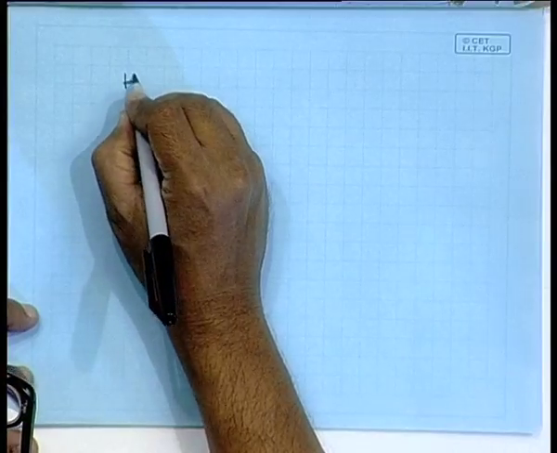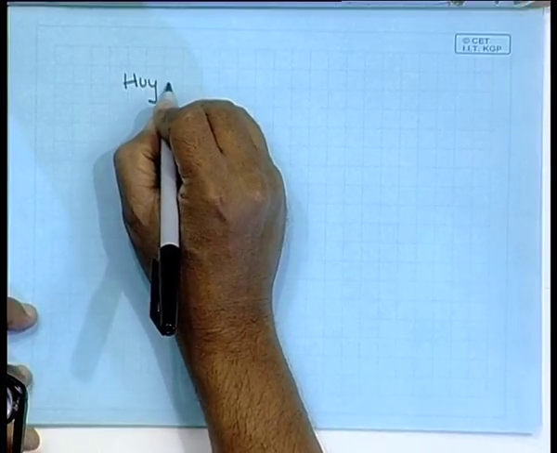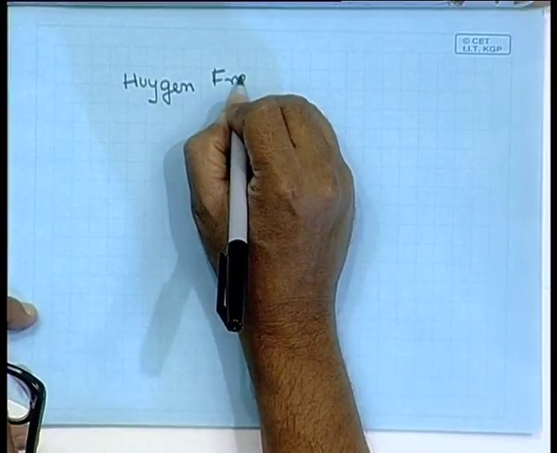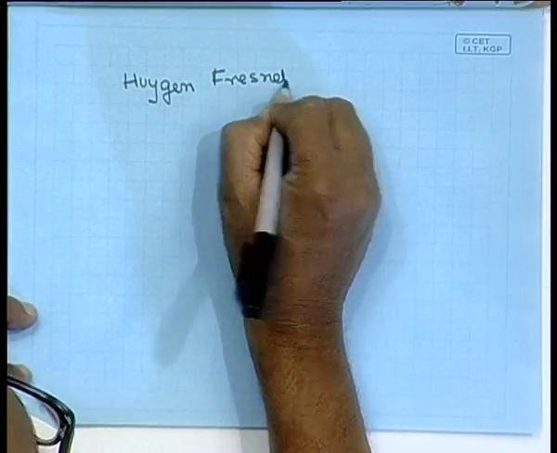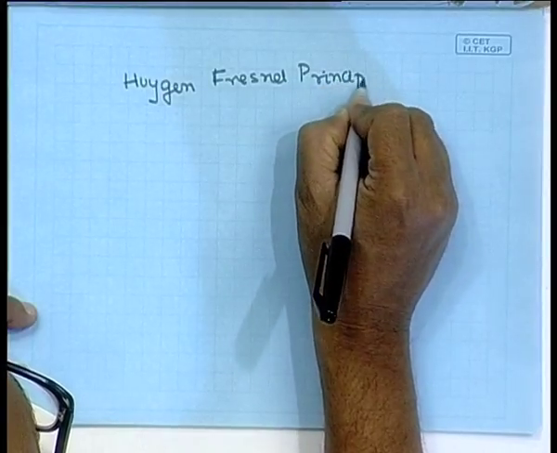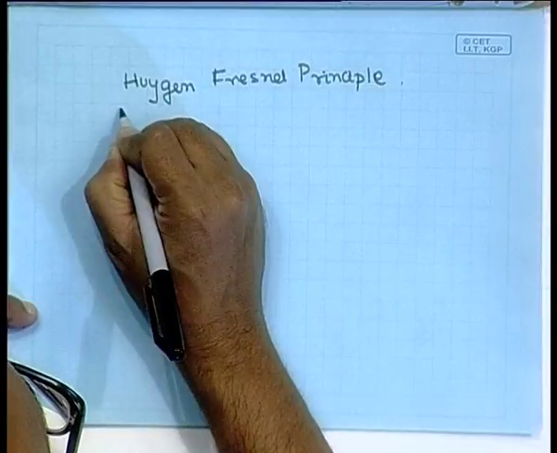So, it is a complicated situation, but there is a heuristic method which goes by the name of the Huygen Fresnel principle, which allows us to handle such situations.